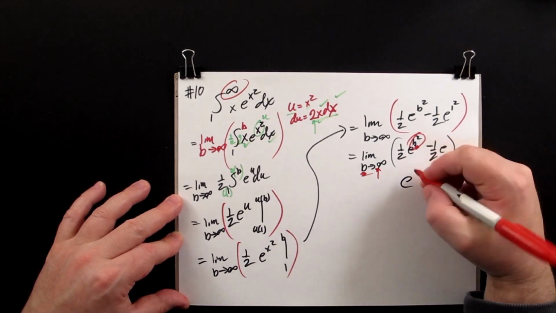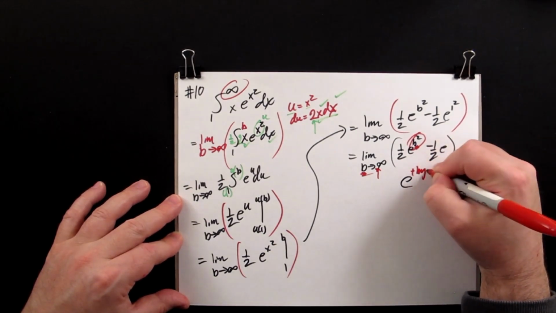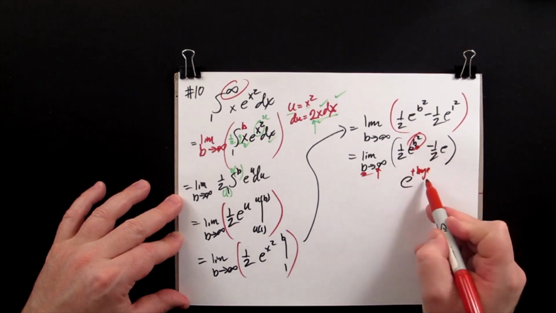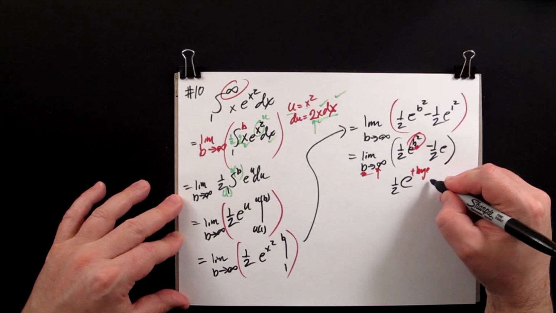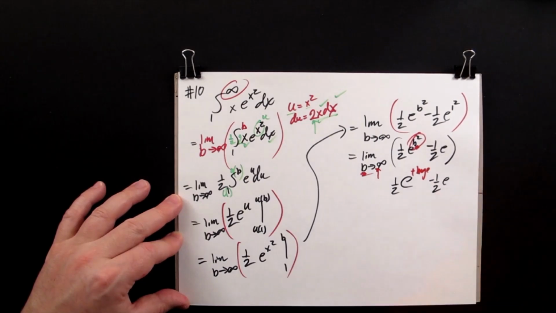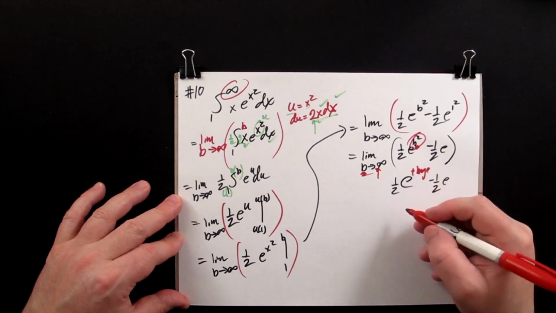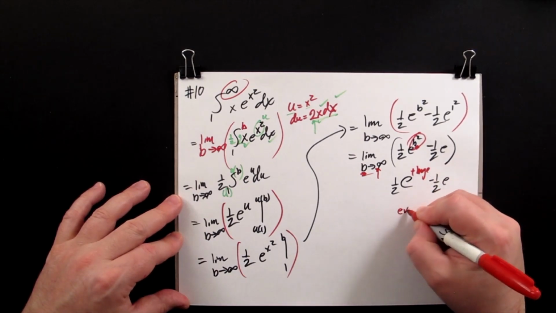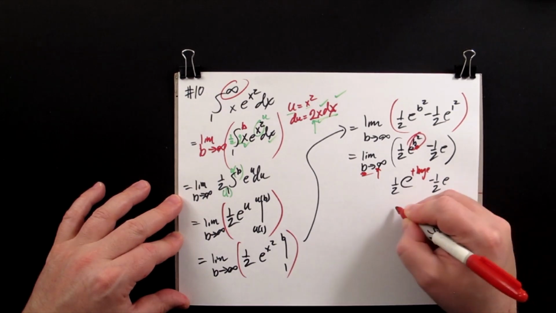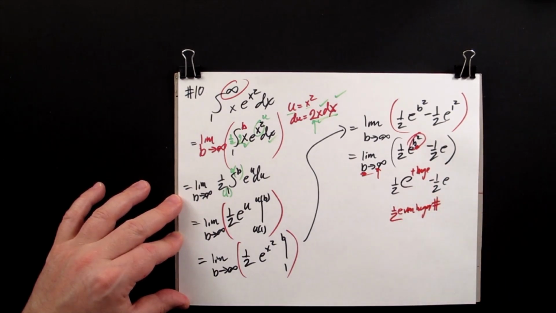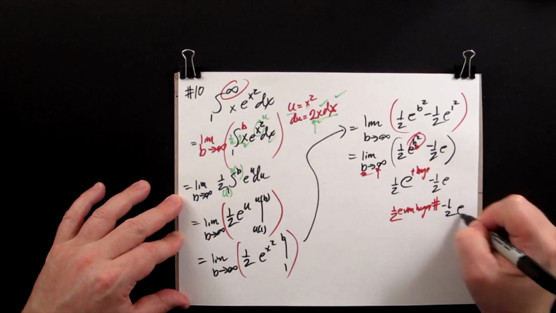e to the plus huge number, because when we take a huge number and square it, we still get a huge number. We have a half coefficient in front of it, minus a half e. So e to the huge number is even huger. Remember, you have some coefficient times it, minus a half e.